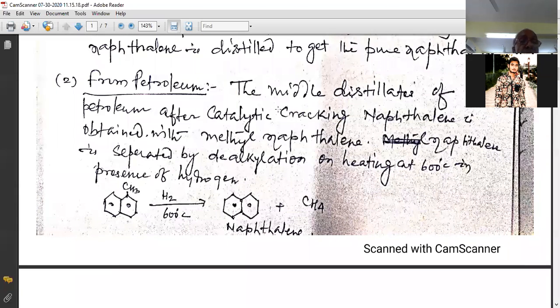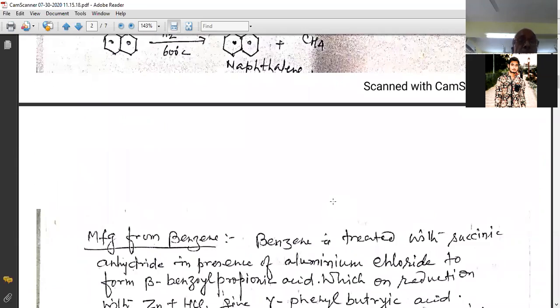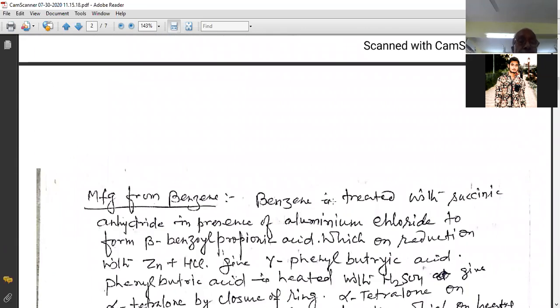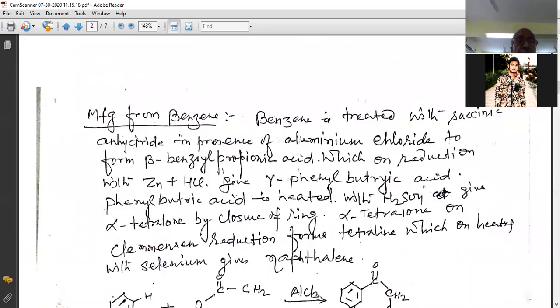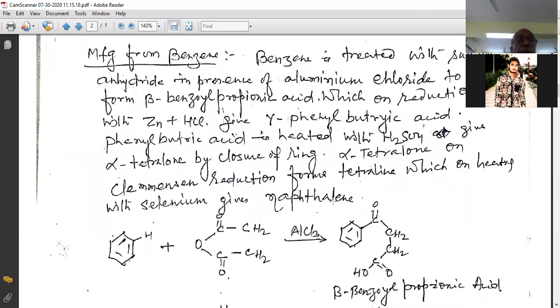You see, this is the methyl naphthalene: two benzene rings fused together, this is the naphthalene structure, and a methyl group is present. By dealkylation with hydrogen at 600 degrees centigrade, we get naphthalene and methane is formed. So we can separate pure naphthalene.